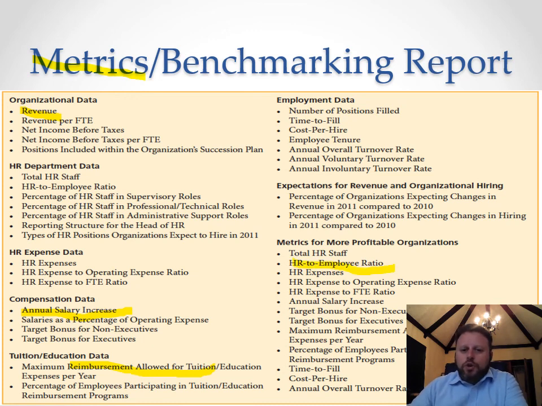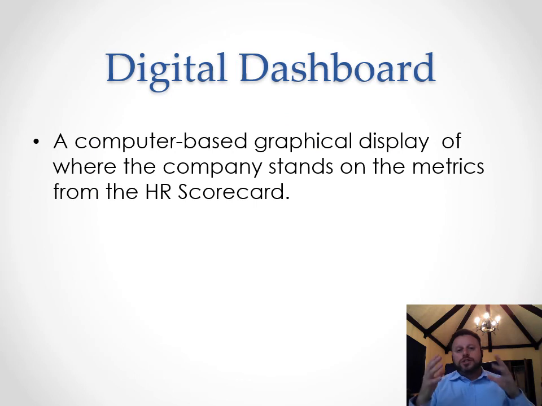We could measure the cost to hire one person, or how long it takes to fill a position, or how many people quit each year, both voluntary, they choose to leave, and involuntary, they were fired. There's so much information that we can get from the business that in HR we can collect all of this, we put this on charts and graphs, and then we read them in this digital dashboard format.